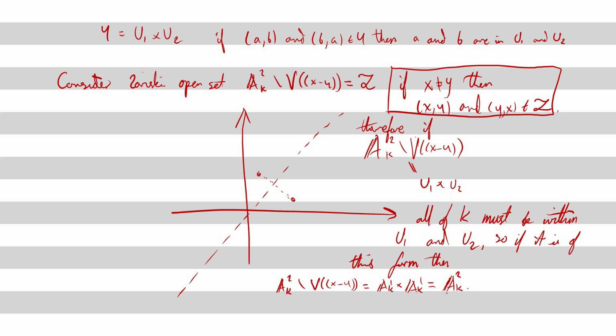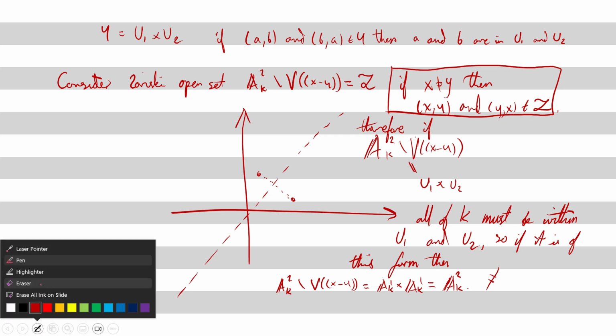The affine plane minus this vanishing set, which we know is not equal to the affine plane, is equal to the affine plane. This is false. This is a contradiction. I've forgotten what the sign for contradiction is. I think it's like that, but I could be wrong.